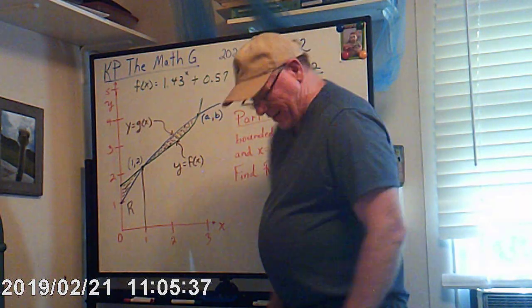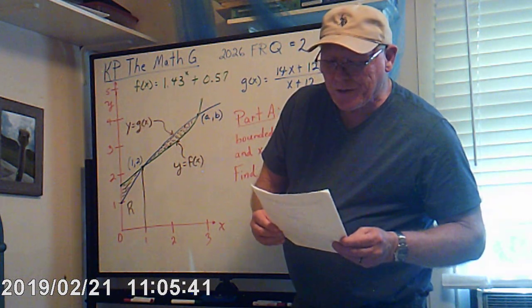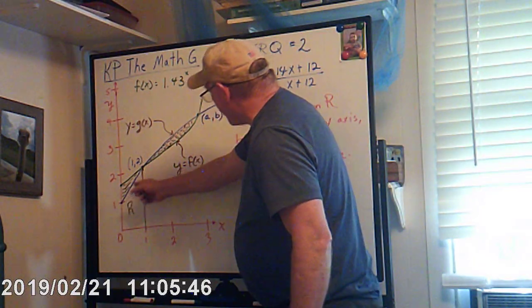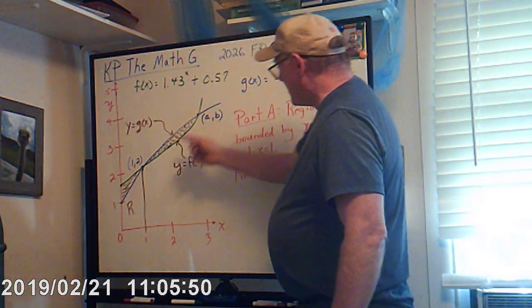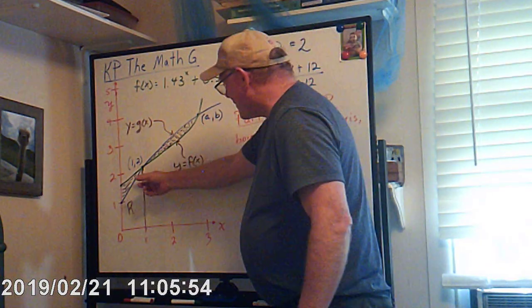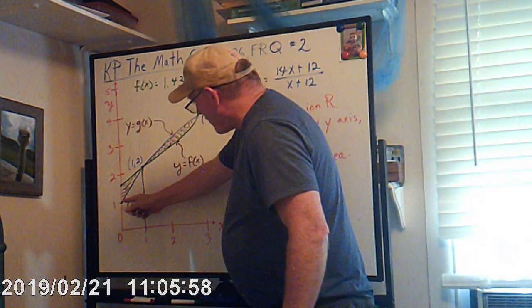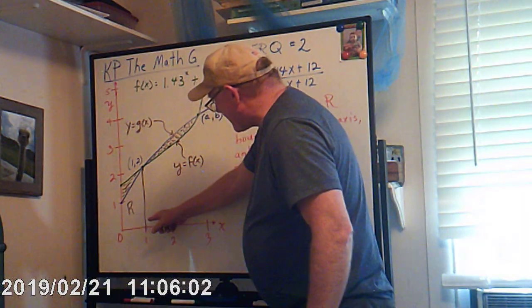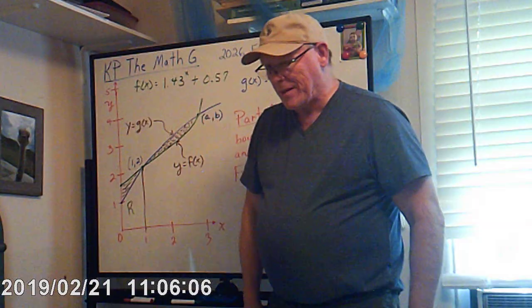And I don't know if I put that down. And so, yeah, the graph of G is here. The graph of G is in blue. The graph of F is in green. So the blue curve, x equals 1, the x-axis and the y-axis is the region R.